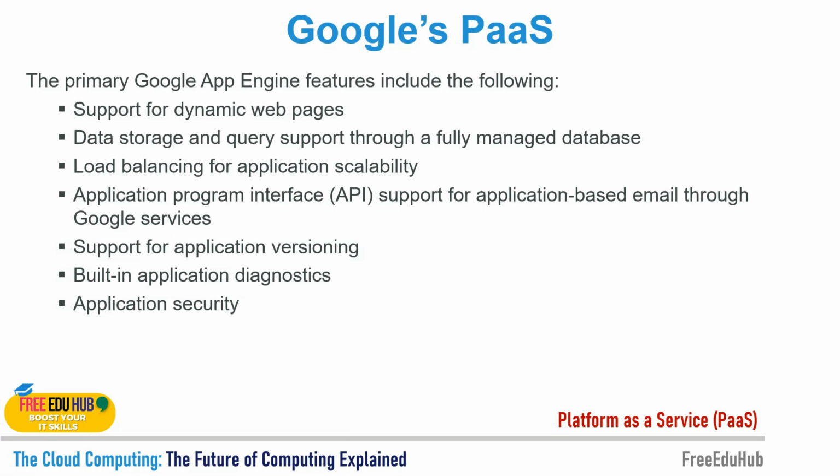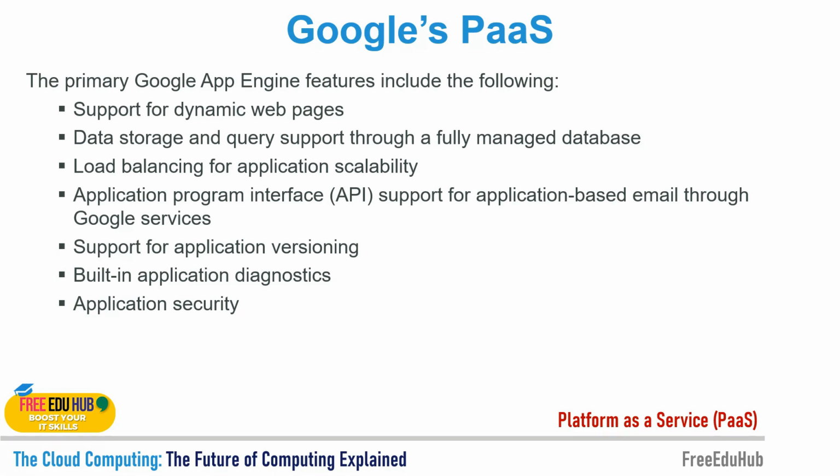For example, it supports dynamic web pages. You can support an application which can add value as an add-on to your current website. Data storage and query support: a fully managed database is available through which you can run different queries and get data in and out of the application.